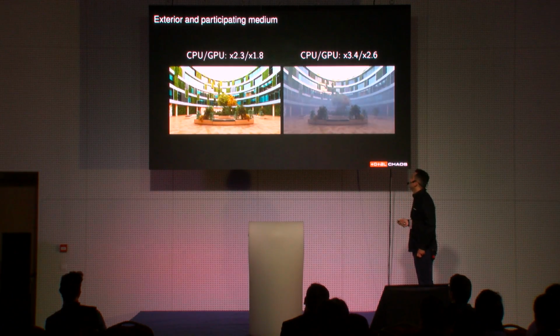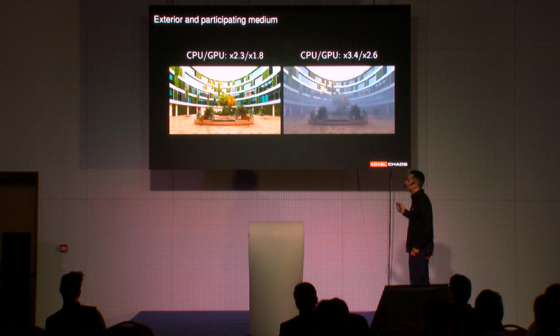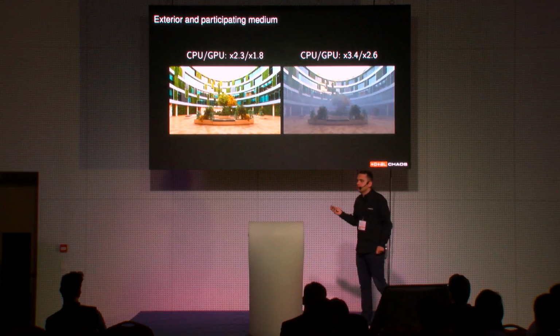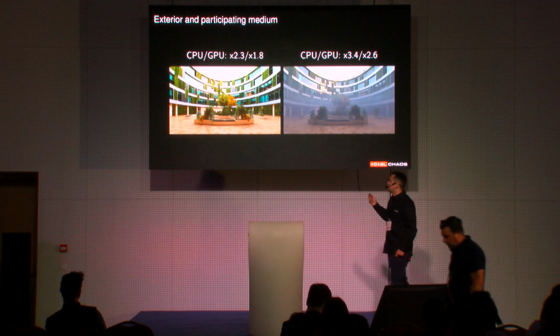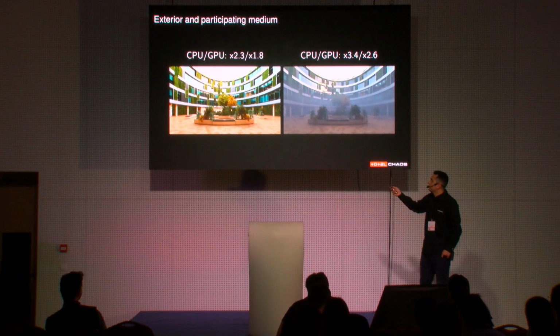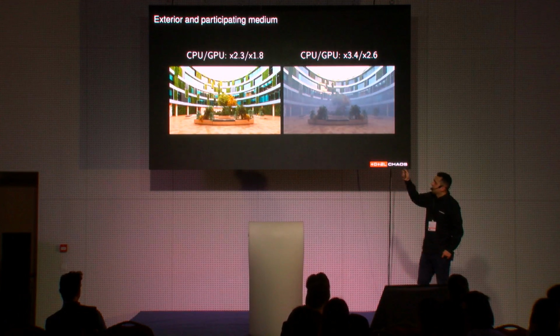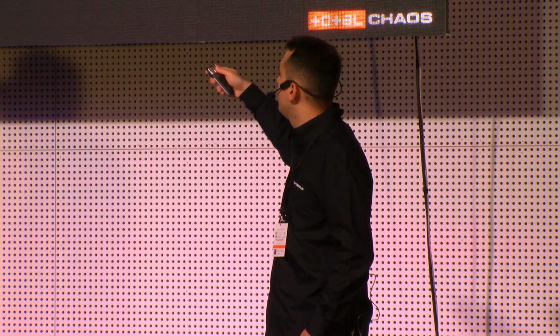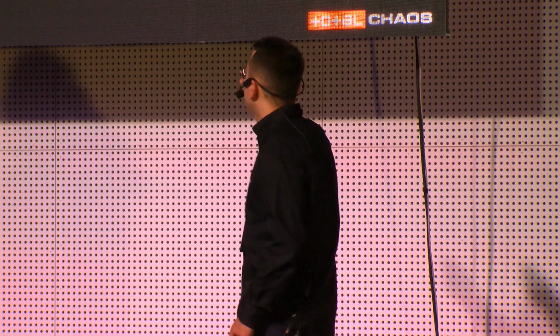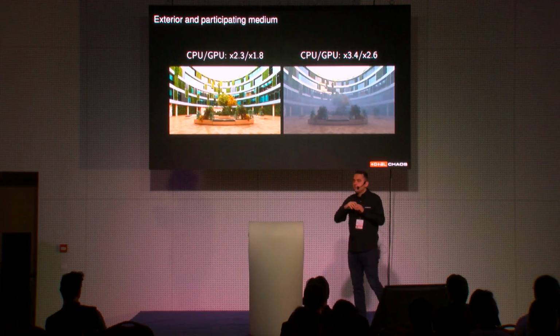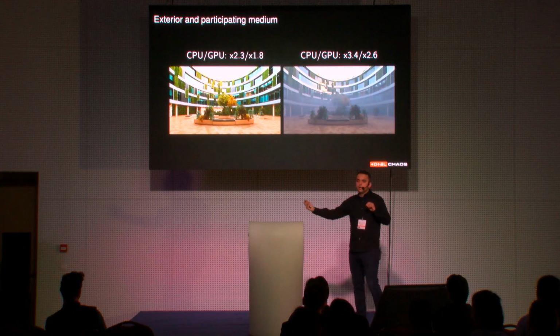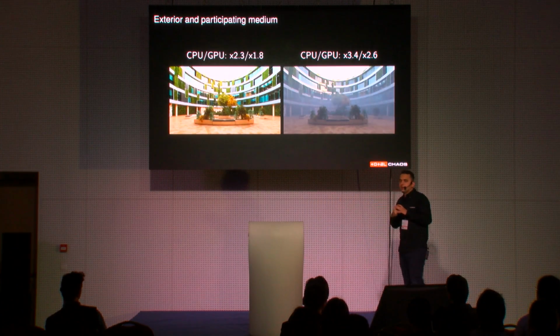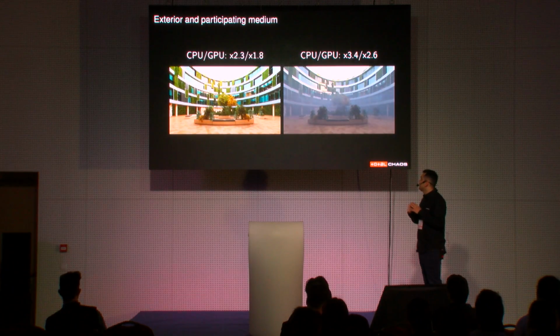Another thing which is important is to see how this works with exteriors. You can see the left image. This is both CPU and GPU results. And a very important scenario also is when many different points project to the same light grid cell.